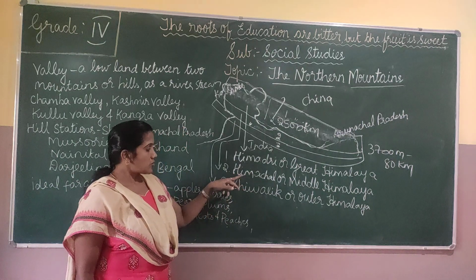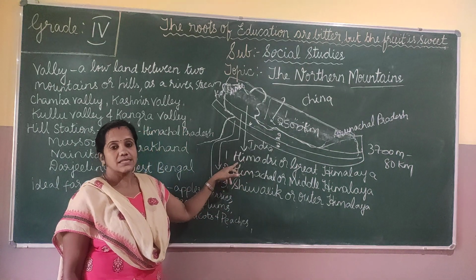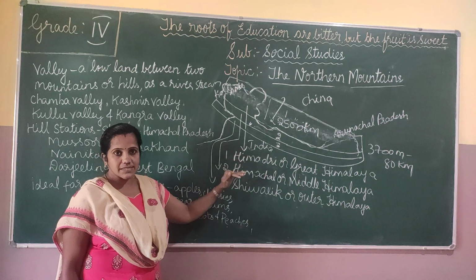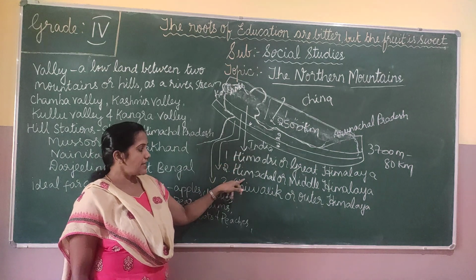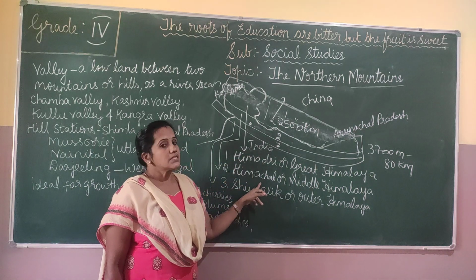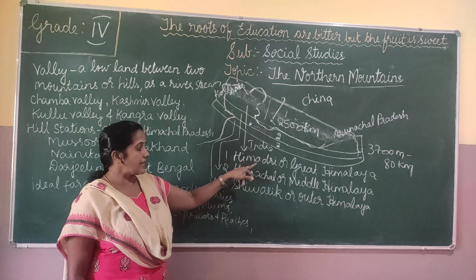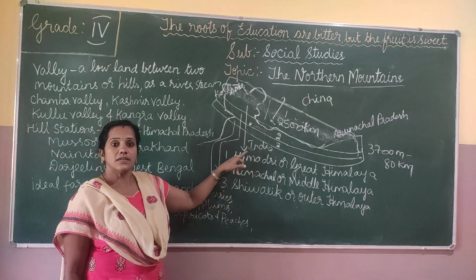The mountains are not as high as in Himadri. In Himadri the mountains are very high, but in Himachal they are a little bit shorter, not as high as the peaks in the Himalaya.